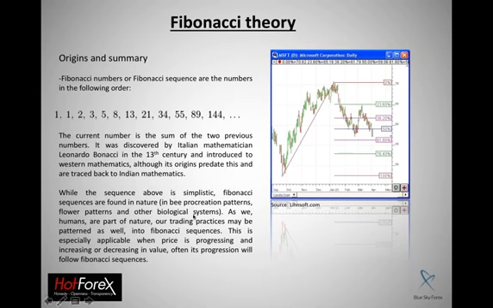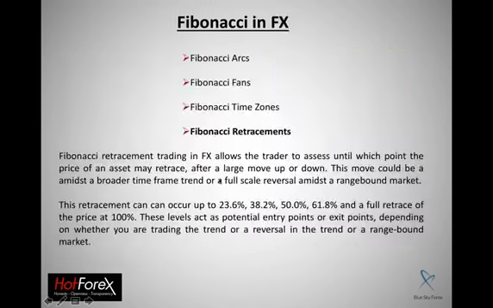Our buying and selling decisions can be mapped into Fibonacci sequences. So it's a very interesting theory. And this is especially applicable when price is progressing, increasing or decreasing in value. These waves of increase or decrease tend to follow Fibonacci sequences. Not always, but a good portion of the time.